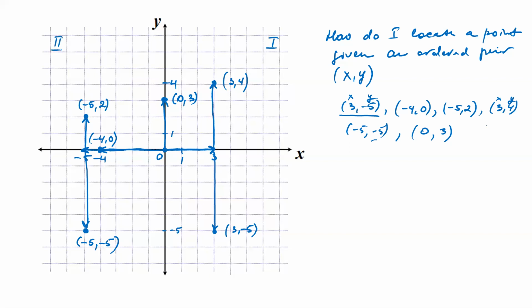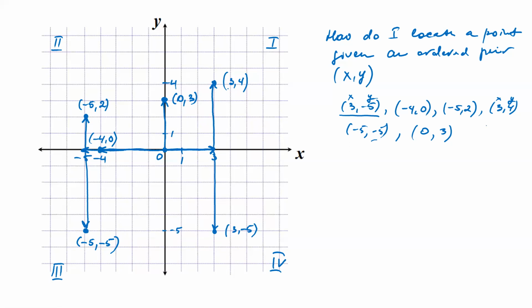This one is going to be the second, the third, and the fourth quadrant. Now I can see that the point that I have here in the first quadrant has coordinates (3, 4). The point in the second quadrant has coordinates (-5, 2).